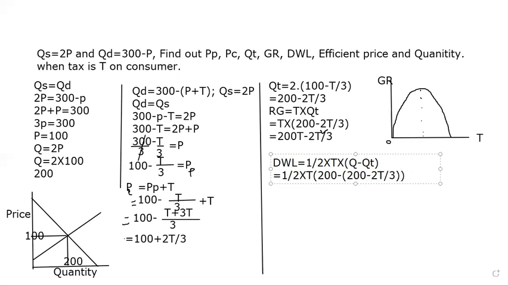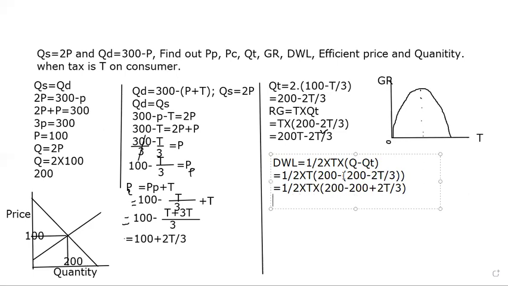So deadweight loss 1/2 plus t, times 200 minus 200, and minus and minus will plus 2t by 2.